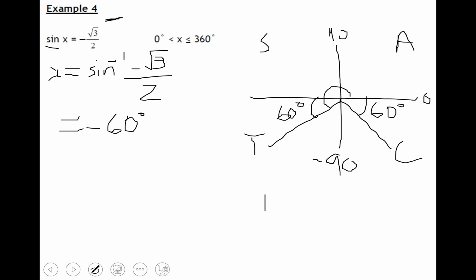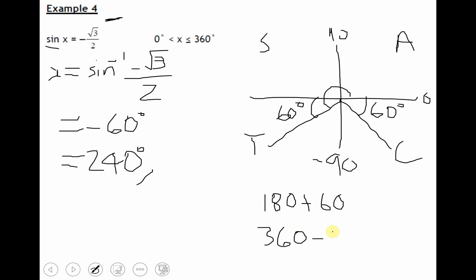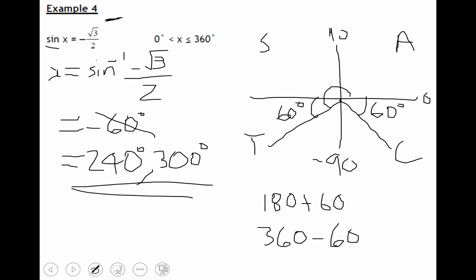So the first one is 180 plus 60, which is 240. And the second one we'll get by doing 360 minus 60, which gives us 300 degrees. Minus 60 is technically not a solution as it's not between 0 and 360 degrees.